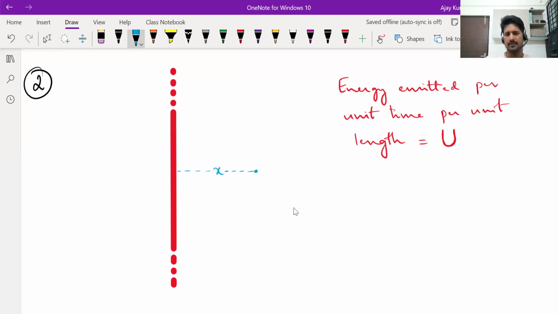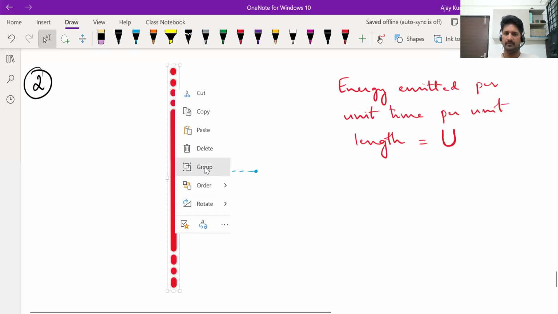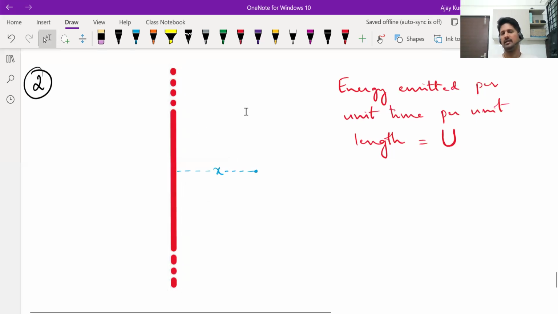How will you do this? We know the energy emitted per unit time. We have to find out intensity.